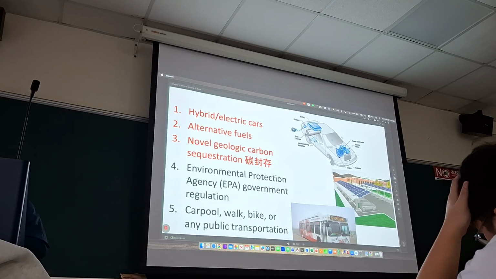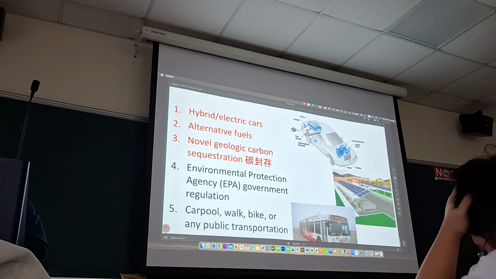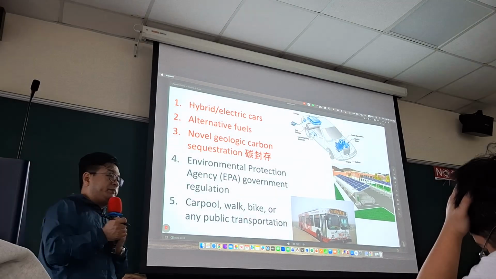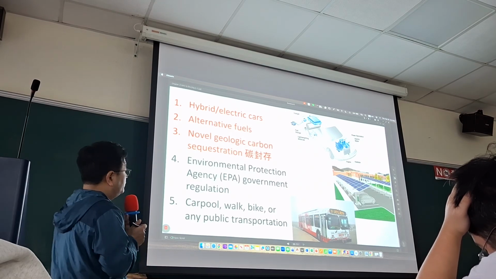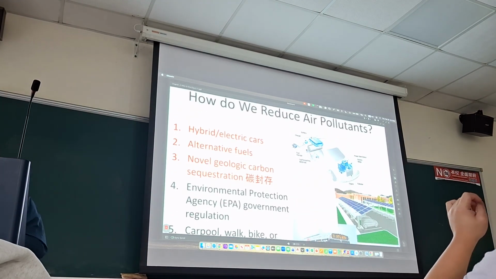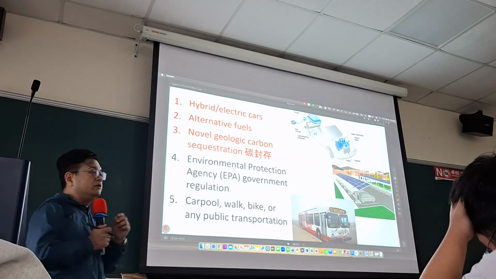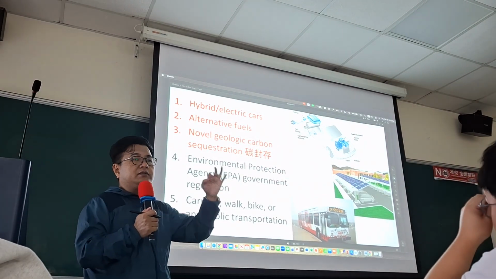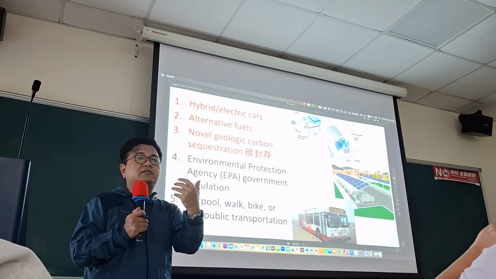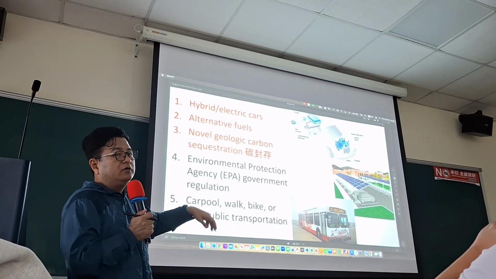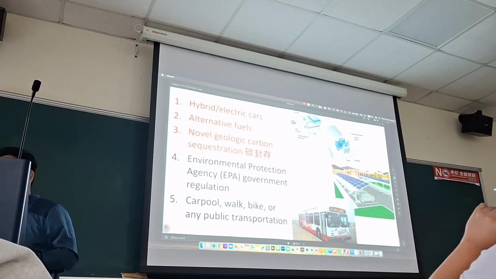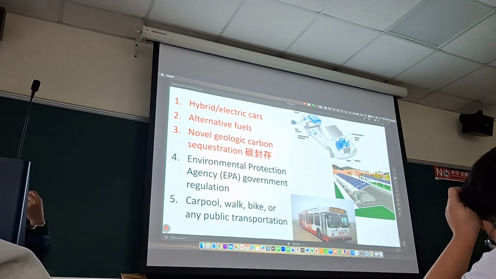Okay, finally, the quick wrap-up. How do we reduce air pollution? Something I want to mention here, but more advanced technology I will mention later. For example, hybrids.